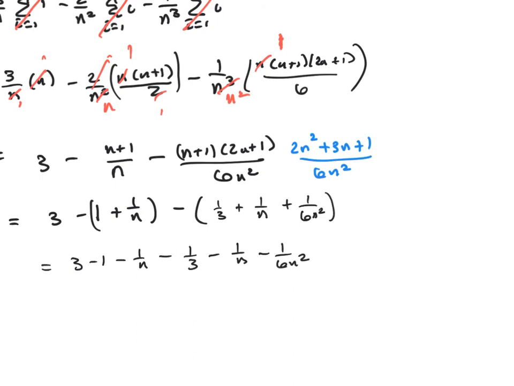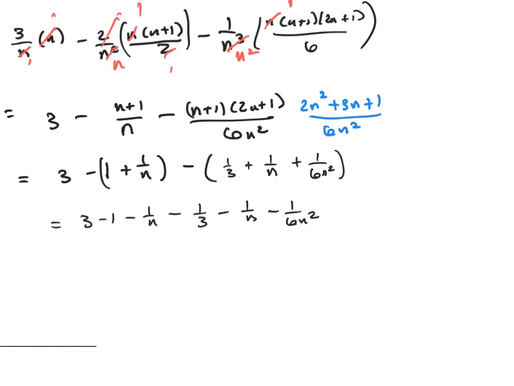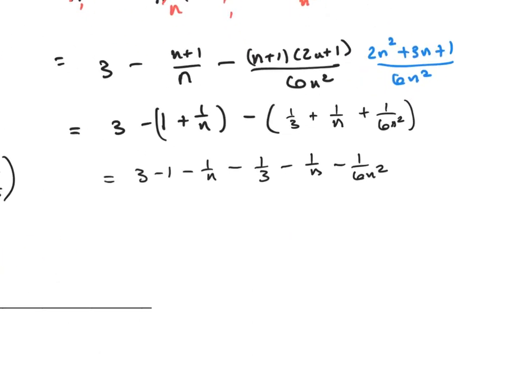Combining like terms, so let's do 3 minus 1 minus 1/3 is 5/3. And then we have minus 1 over n, so that would be minus 2 over n. And then we have the minus 1 over 6n squared.